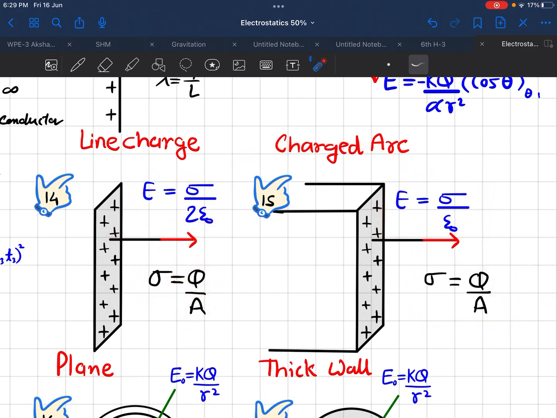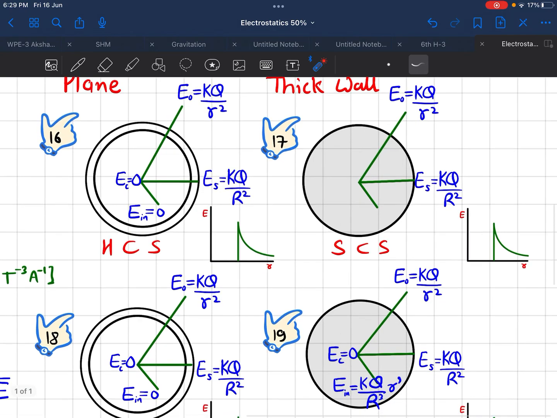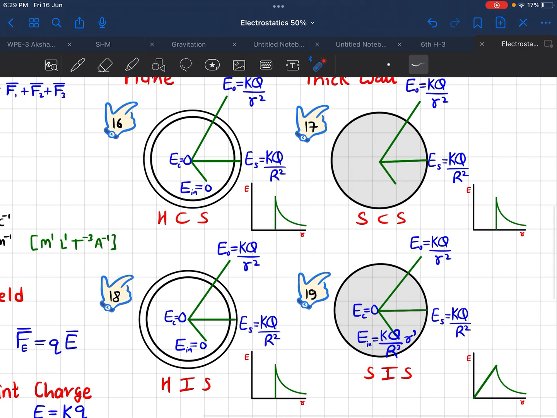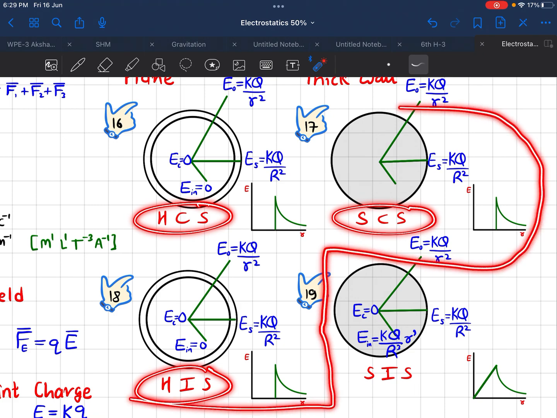Now, very easy point, electric field intensity due to charged spheres. We have hollow conducting sphere, solid conducting sphere, and hollow insulating sphere, and all these three have the same relations.